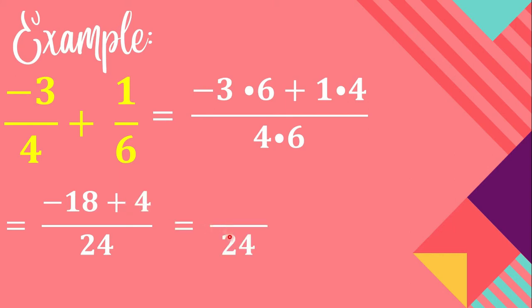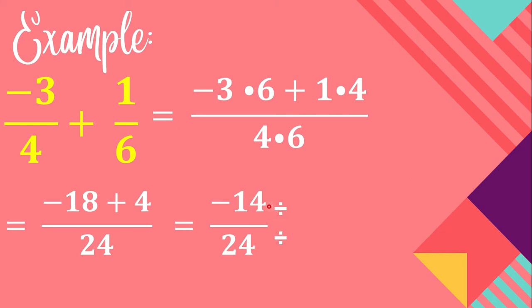Equals, again, copy your denominator, which is now 24, and then perform the addition of integers. Negative 18 plus 4, you have negative 14 because you have a different sign. So all you need to do is subtract and then copy the sign of the larger number.